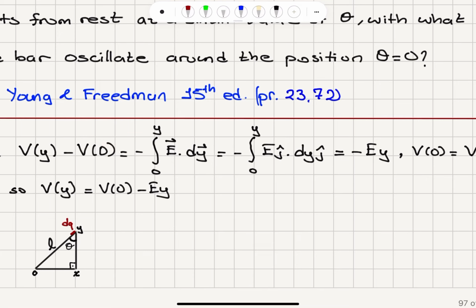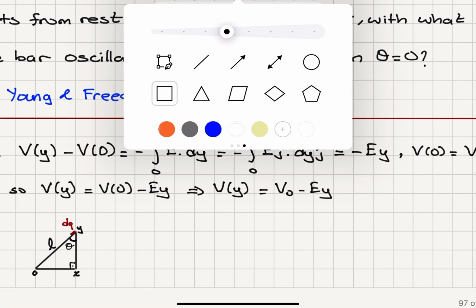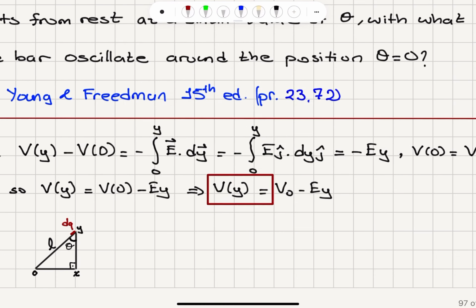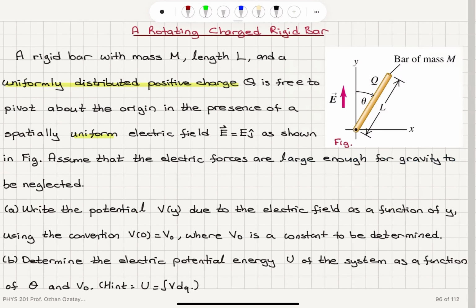So I take V of 0 to the right-hand side, and this gives me, for the potential spatial dependence, V as a function of y, where for V at y equal to 0 I substitute V0. So this is V0 minus E y. All right, so that's the answer to part A of the problem. Now let's move on to part B.